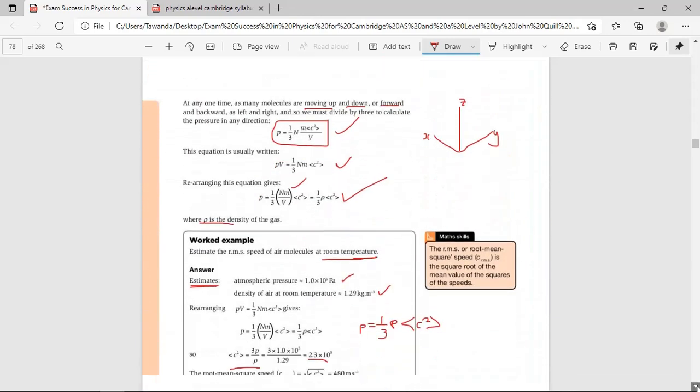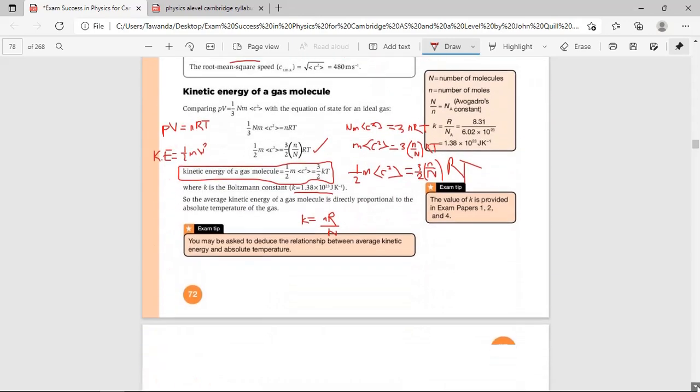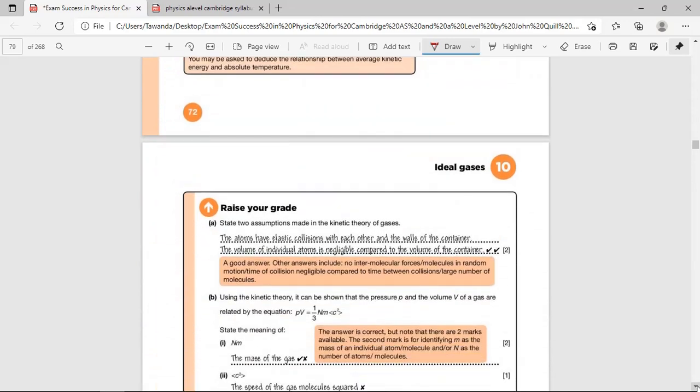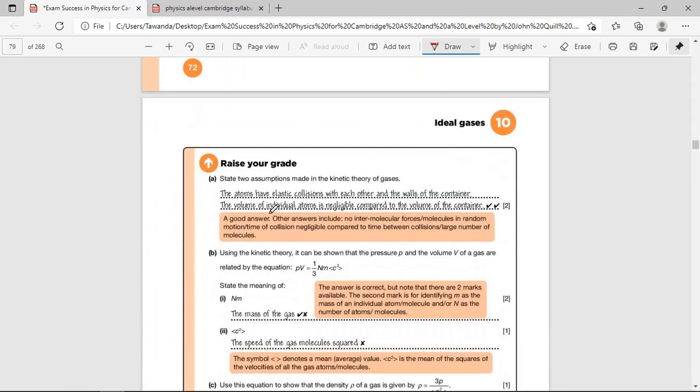This question right now, in the book, you are going to go through. Raise your grade. This one is the question. You can try by all means to answer on your own, then also check your answer, as the answer is given again.